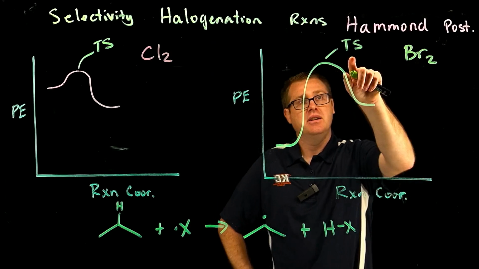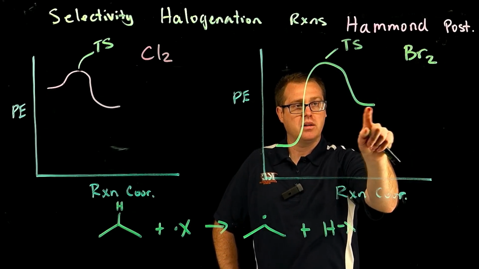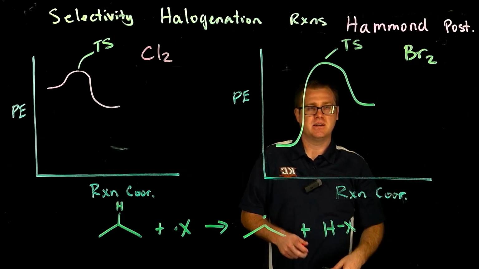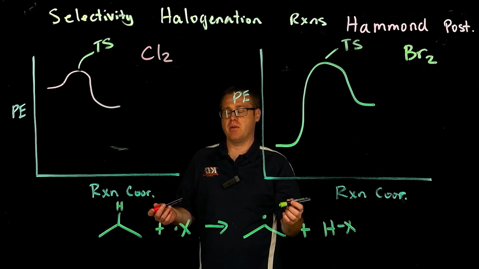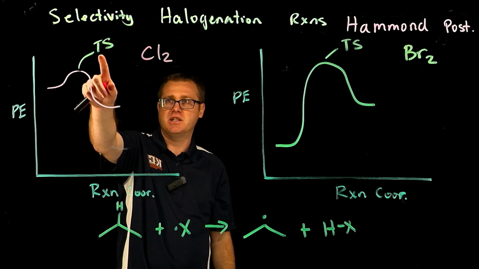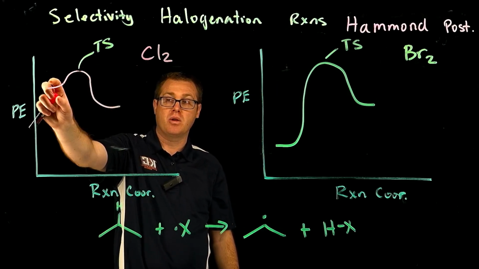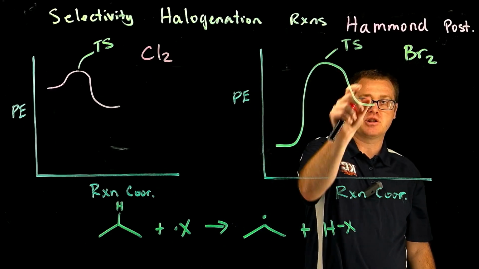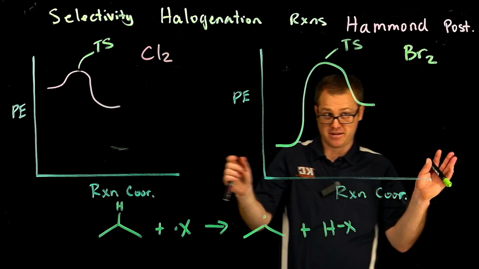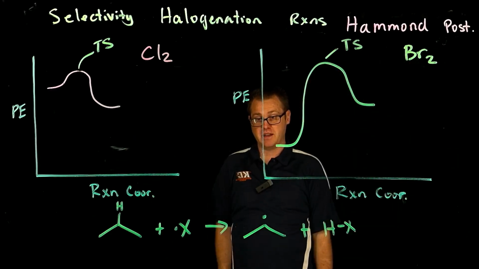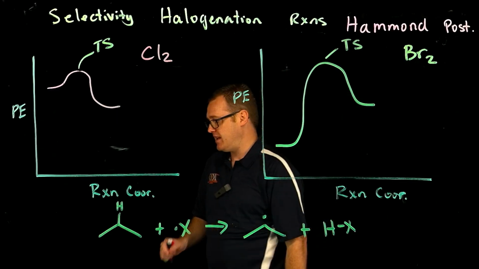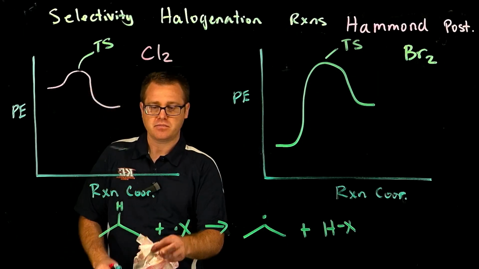For bromination, the transition state is going to look more like the intermediate. So let's recap so far what we've done here. The transition state for chlorination looks more like the starting material. The transition state for bromination looks more like the intermediate. You see how they're looking like different parts on the energy diagram? That is why we have the selectivity that we do.